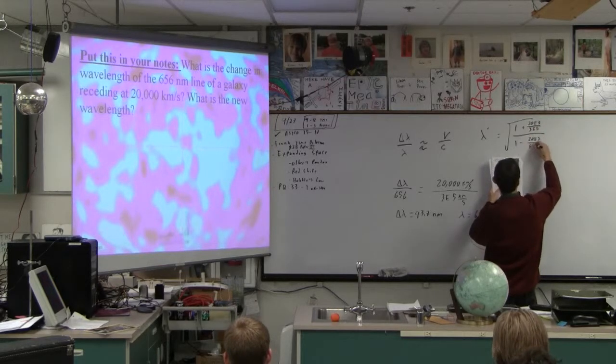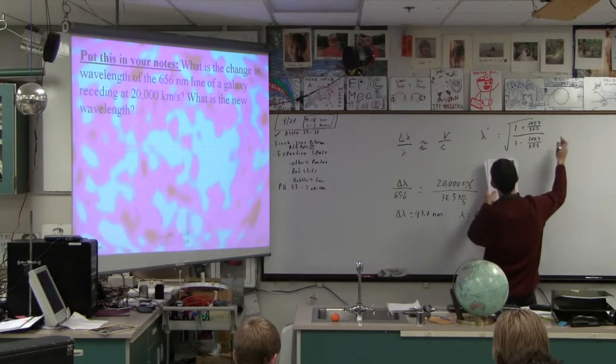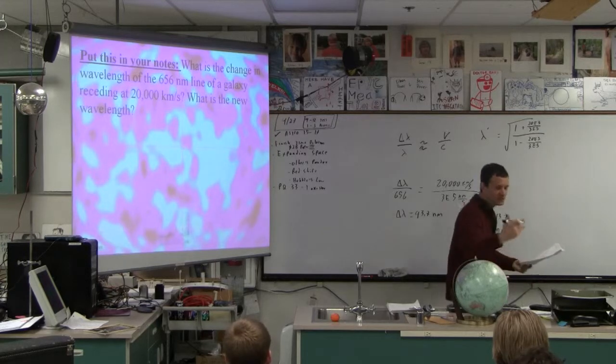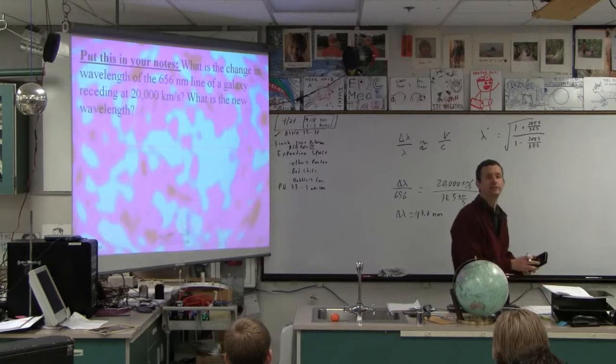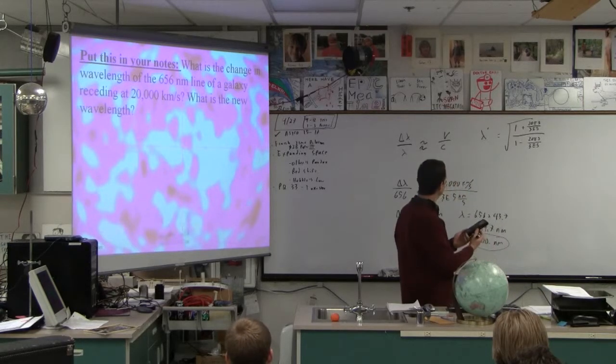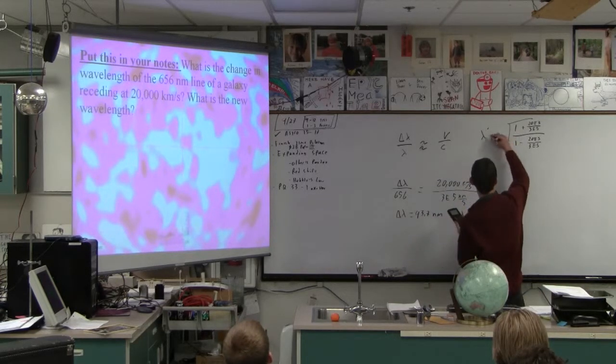Speed of light, what's the speed of light? I don't know. It's approximately something. It's about equal to that. We're pretty loosey-goosey about the speed of light, aren't we? Oh, I forgot the original wavelength, 656.